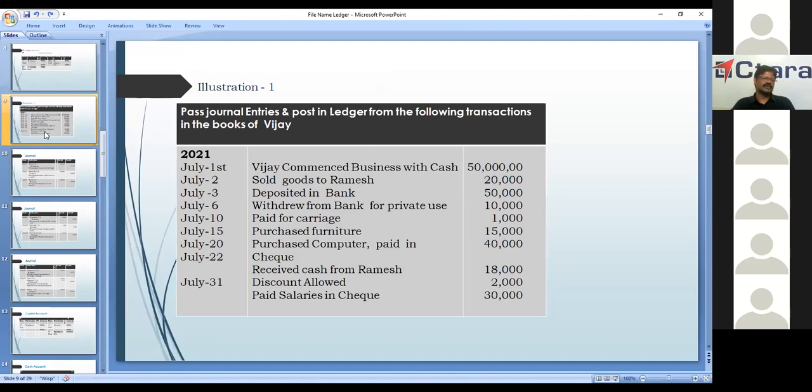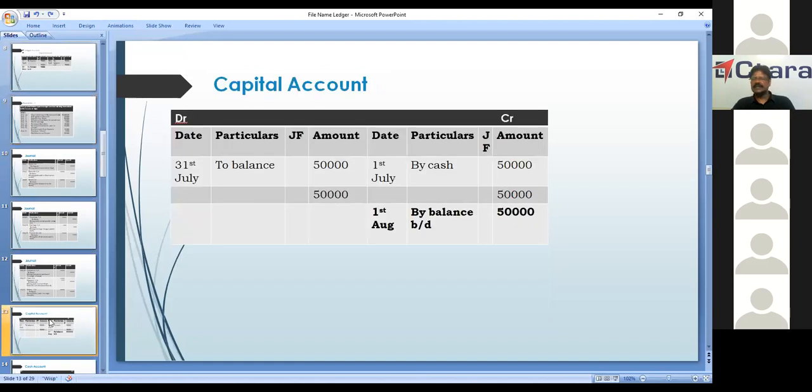How much? 50,000. Okay. The general entry is cash account debit to capital account. The capital being a credit item, we have to go to the credit side and put 50,000, and then we have received capital in the form of cash. Okay, by cash 50,000, and then on the other side, what do we have to do? Because we have to balance, we have to write 50,000 on the other side also and balance the account.